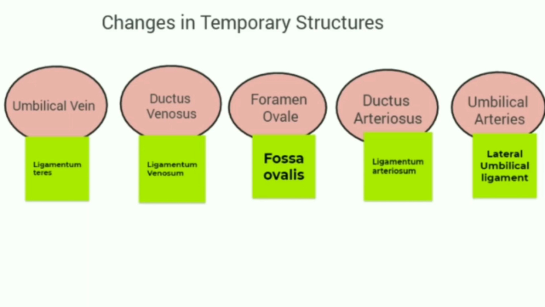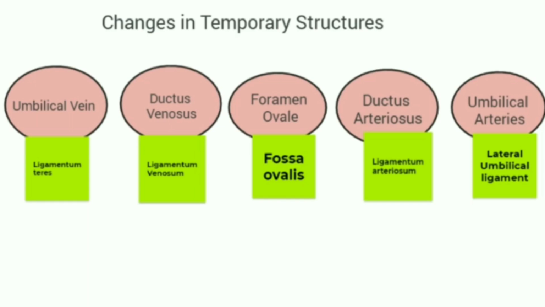If you understand this, I will ask some questions. The common questions asked during competitive exams: how many arteries are in the umbilical cord? The answer is 2 arteries and 1 vein.